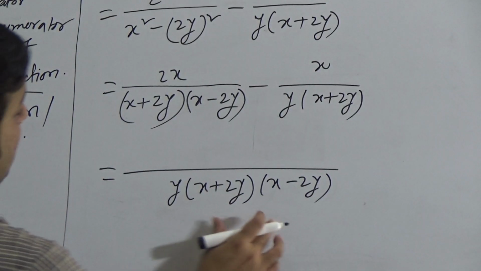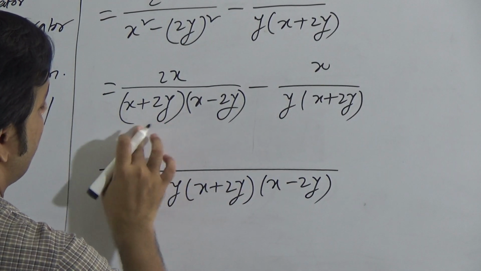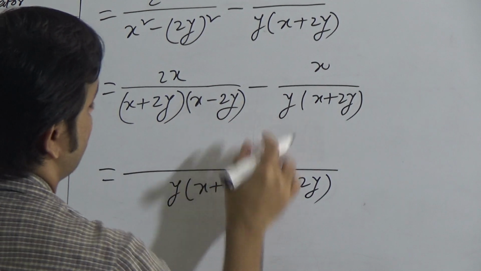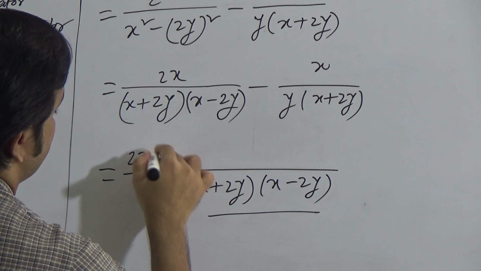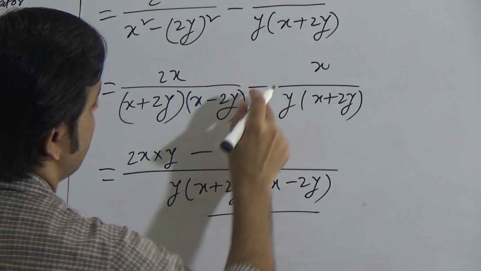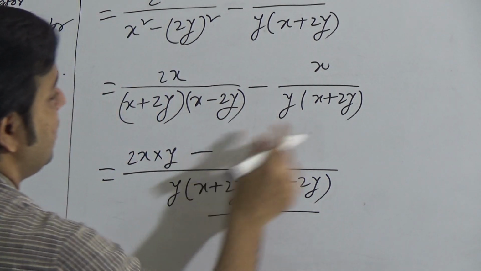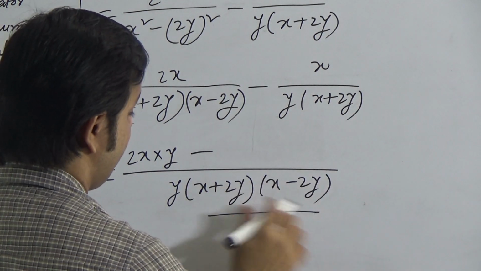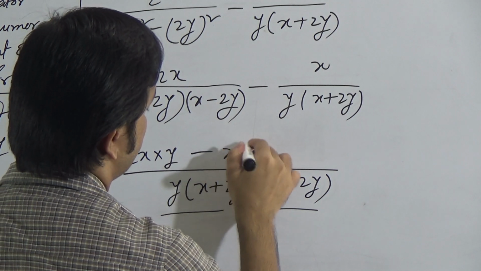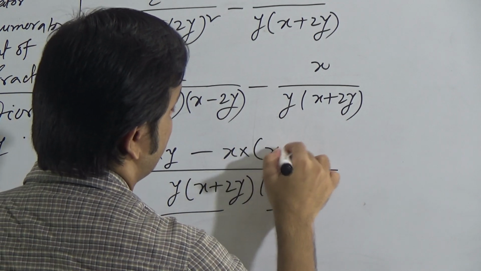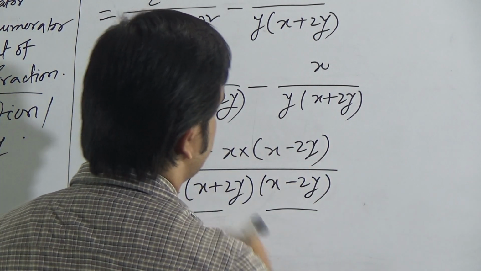Okay, dear students, now if we divide by x plus 2y into x minus 2y, only y will remain. So we can write 2x multiplied by y, minus the other term I have written. Now y and x plus 2y will vanish. This will be the quotient, so we have to multiply x minus 2y by x.